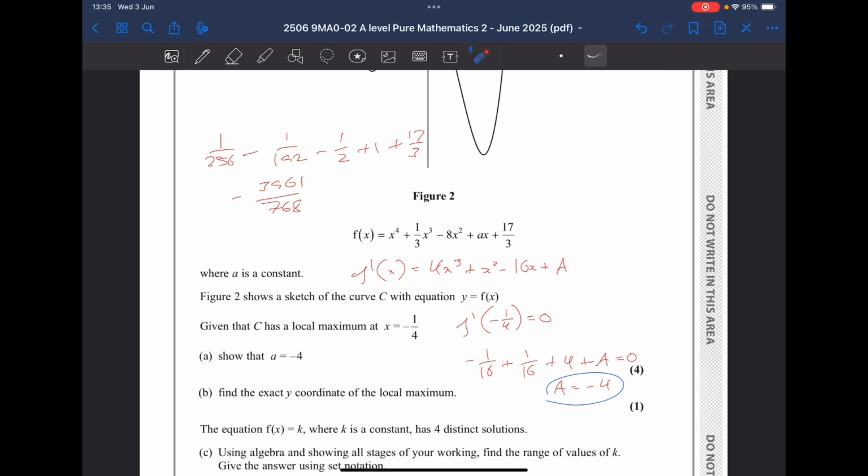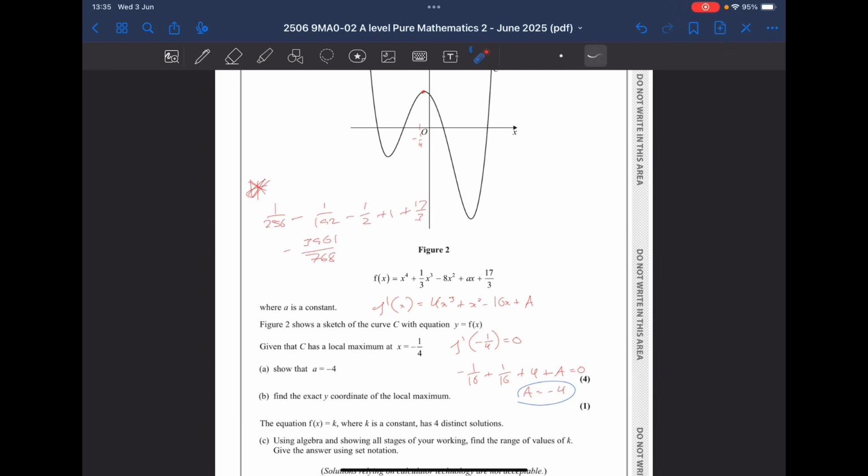It still keeps us negative, so something's gone wrong here. So let's have a little think. Let's just try my numbers again. So I did minus a quarter, minus 1 on 4 to the power of 4, 1 on 256, so that's good.